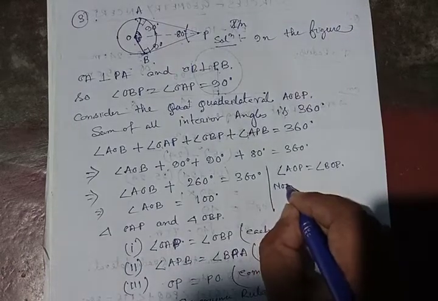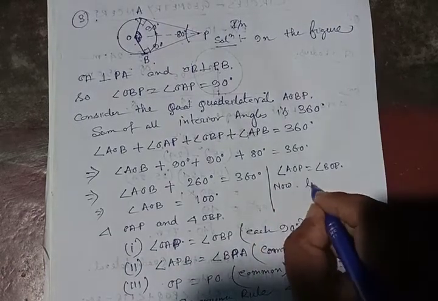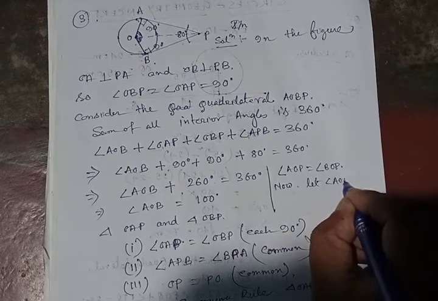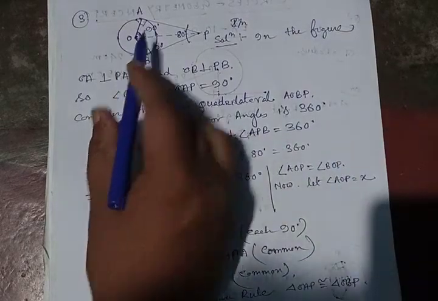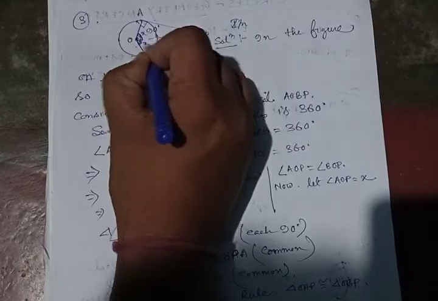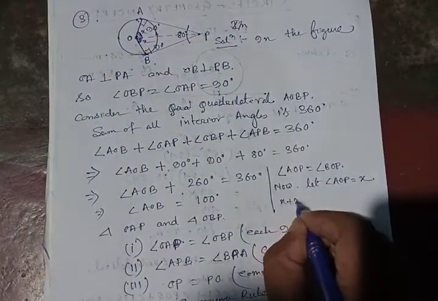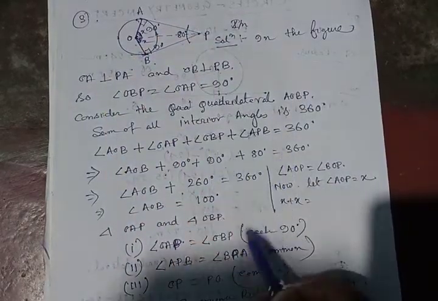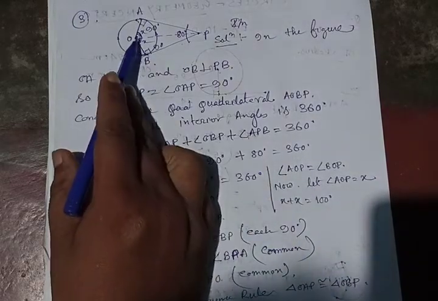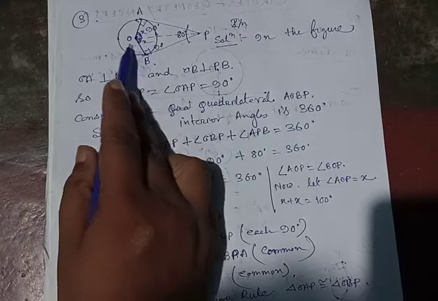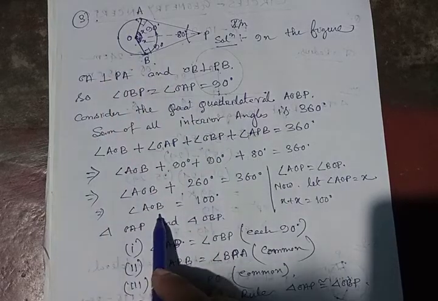Now let angle AOP is equal to X. So from the figure, X plus X equals how much? 100 degree. This sum is 100 degree, angle BOA or angle AOB, whatever you say.